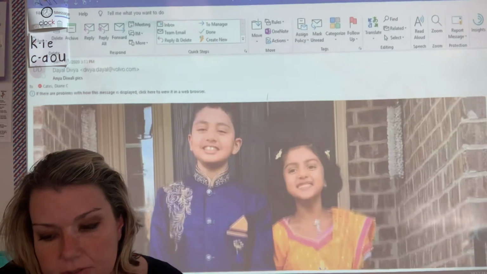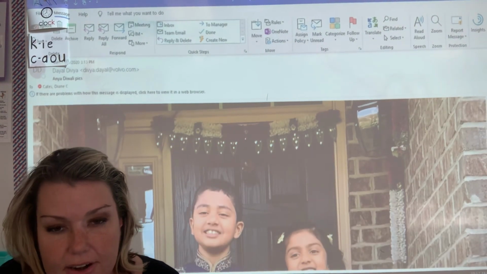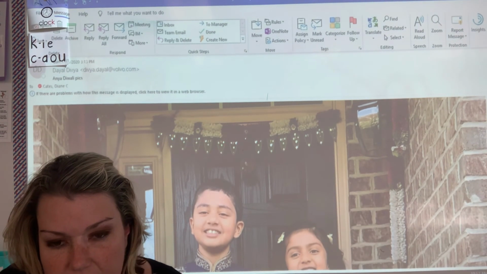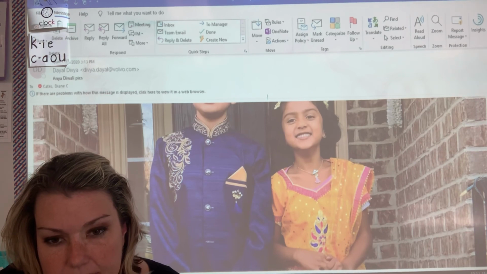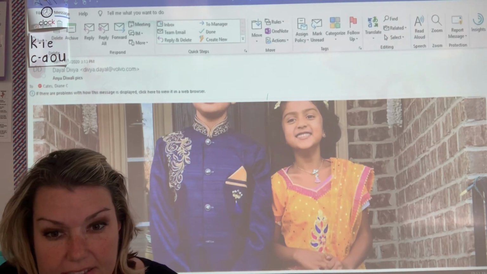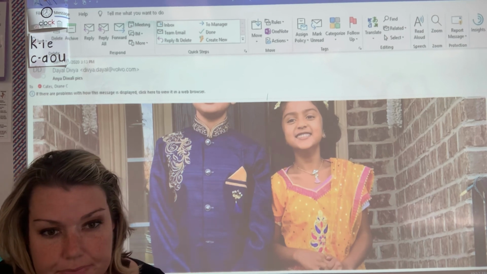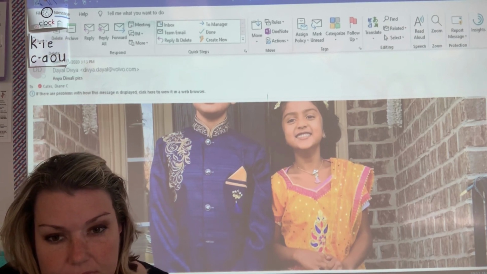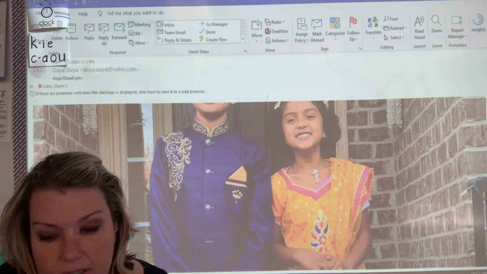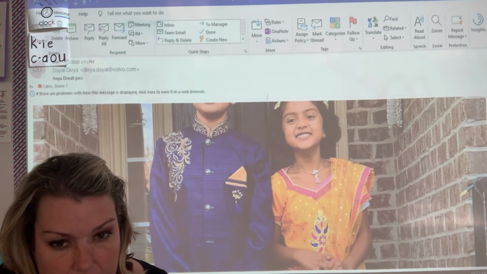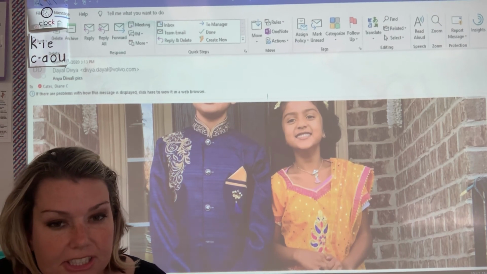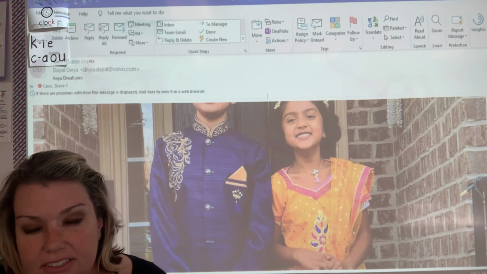What are some things that you did for Diwali on Saturday? We made sweets. You made sweets? What were some of those sweets called? They're Indian sweets. Okay. Did you have fireworks or set off and do sparklers? Yeah. We did fireworks.